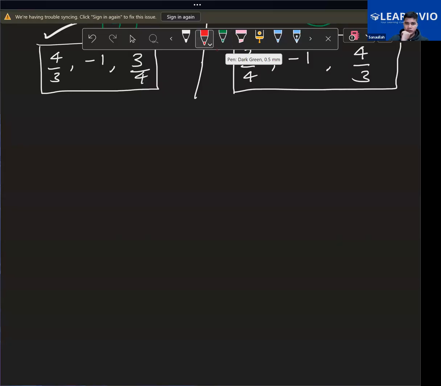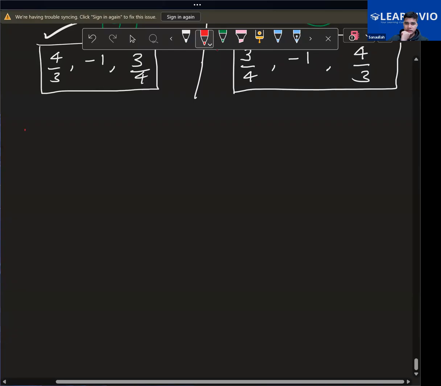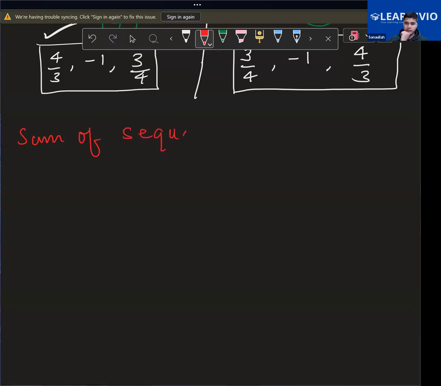The question is you have to find the sum of the sequence 7, 7 7, 7 7 7, 7 7 7 7 and so on to n terms.